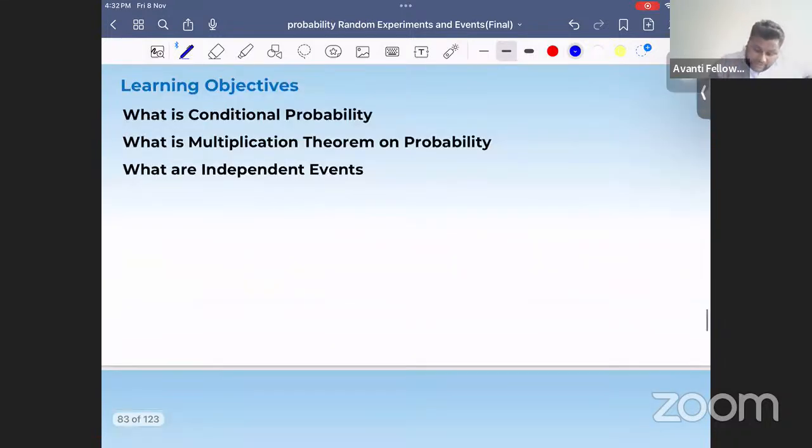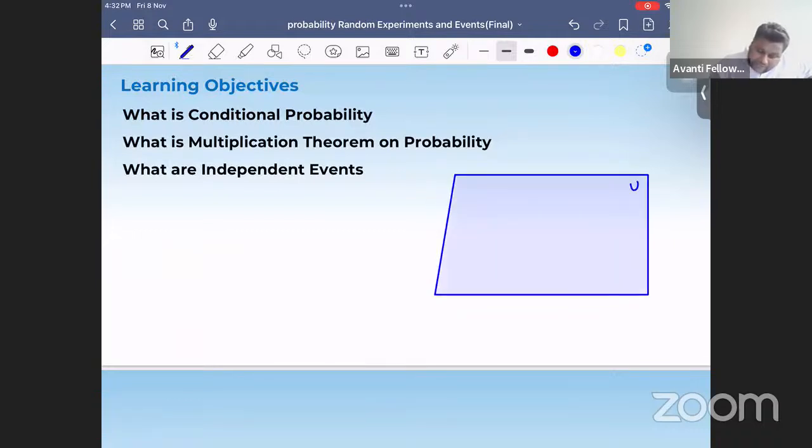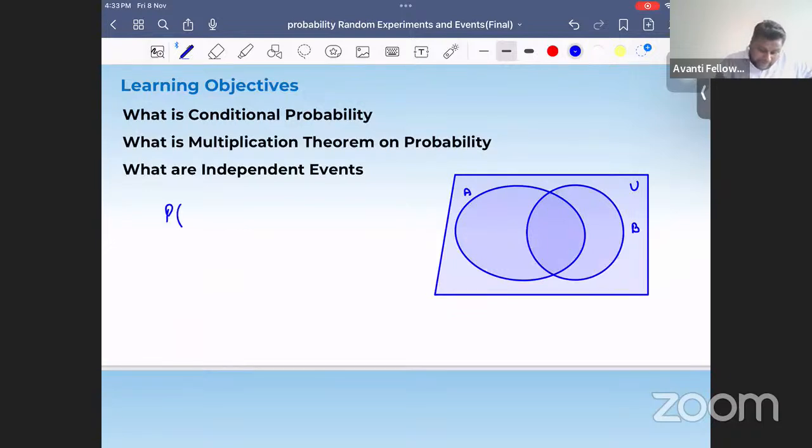So it is like this: this is a universal set, where this is A and this is B. So the probability of A given B has occurred. B has already occurred, so now this will be your sample space.